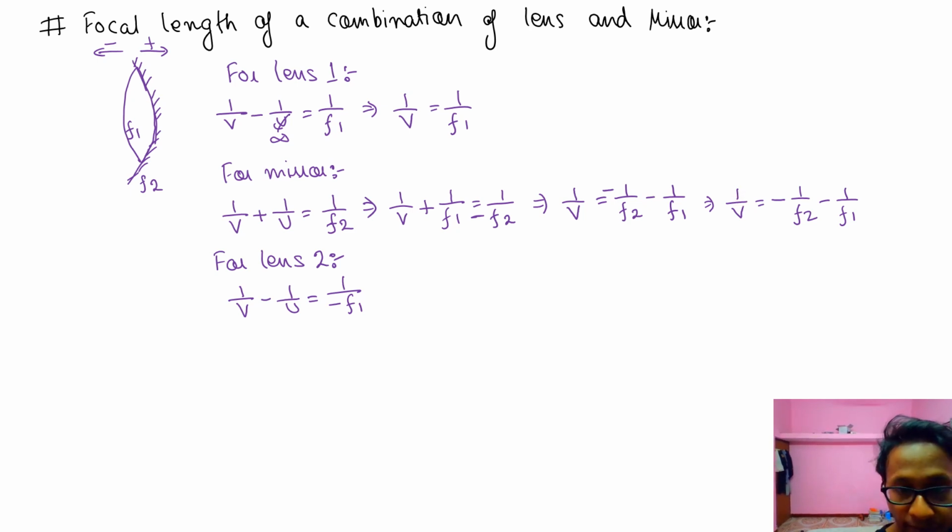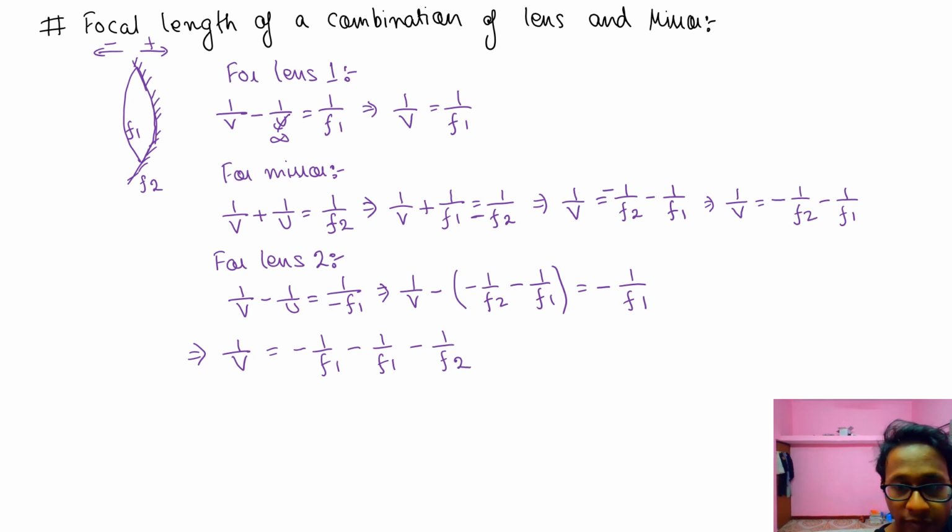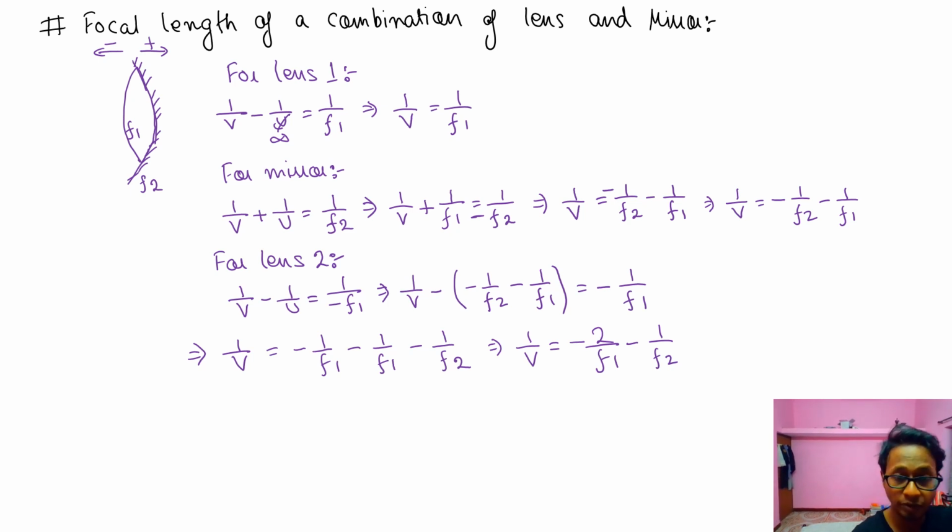We can simply write 1 by v minus of minus 1 by f2 minus 1 by f1 is equal to minus 1 by f1, or 1 by v is equal to minus 1 by f1 minus 1 by f1 minus 1 by f2, or 1 by v is equal to minus 2 by f1 minus 1 by f2.